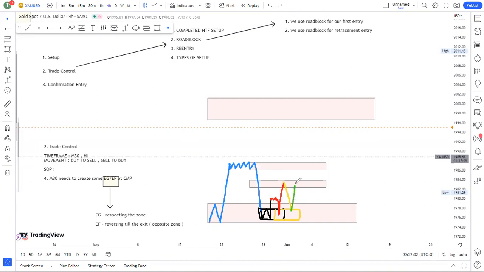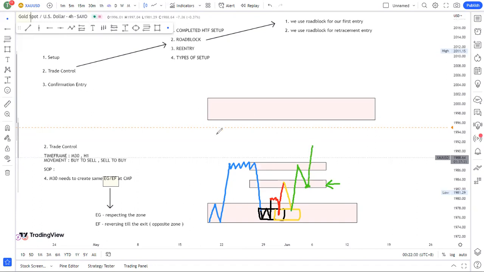For an example, the price breaks this sell roadblock. What is going to happen? It's going to create an EF, isn't it? Yeah, engulfing field. If it creates an engulfing field, we already know where the price is going to go, to the opposite direction. Yes, exactly. So we focus on buy, get into the buy zone, and buy here, and then go to the roadblock again and break the roadblock.